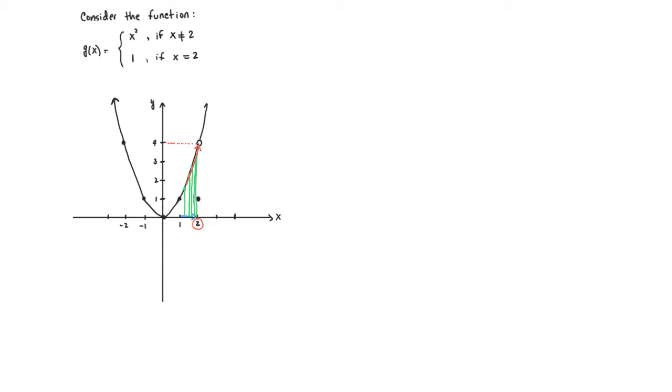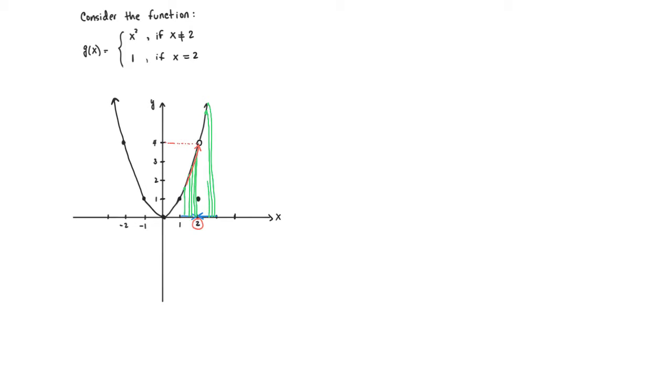Similarly, in the other direction, as x approaches 2 from the right, when I take this x value right here and I go up to my graph, that takes me somewhere there. Then, as x is getting closer and closer, the y value is a little bit lower.